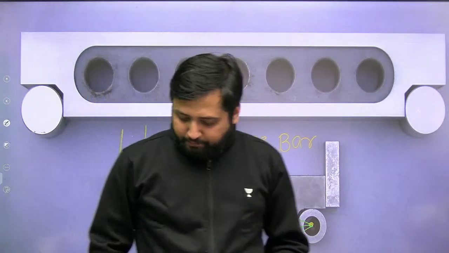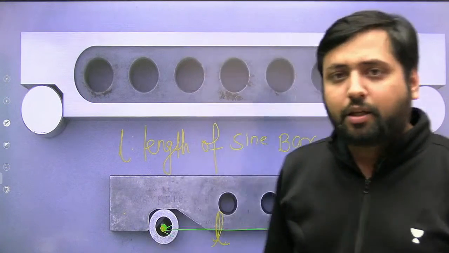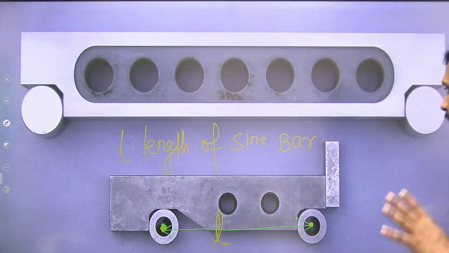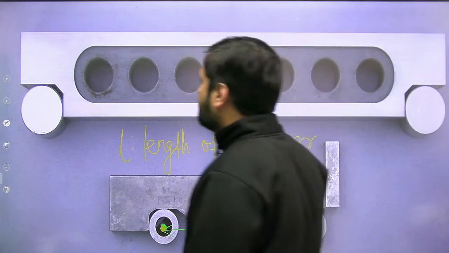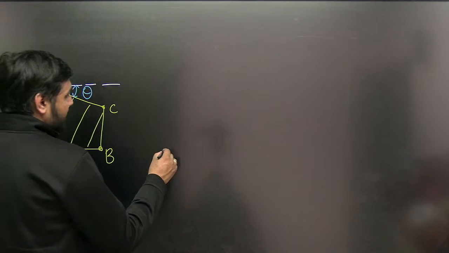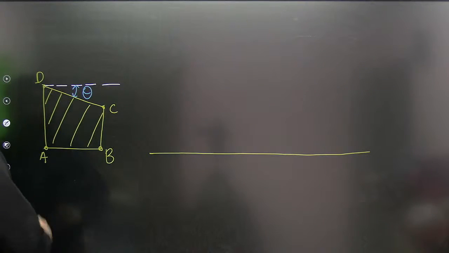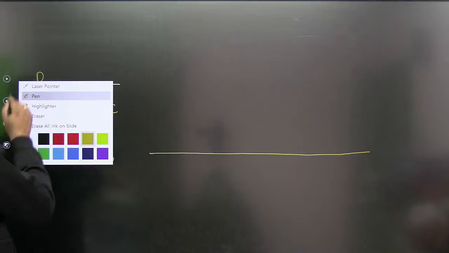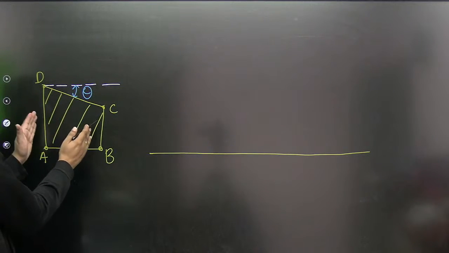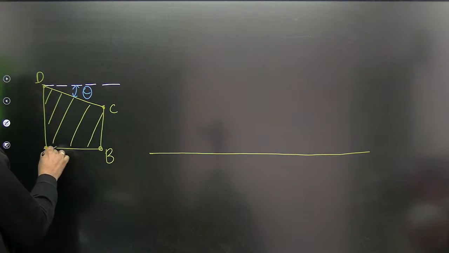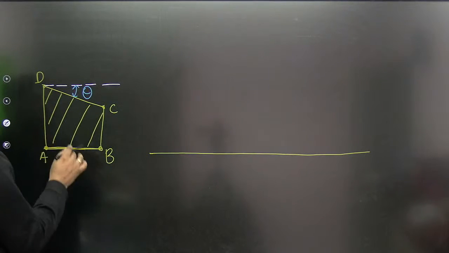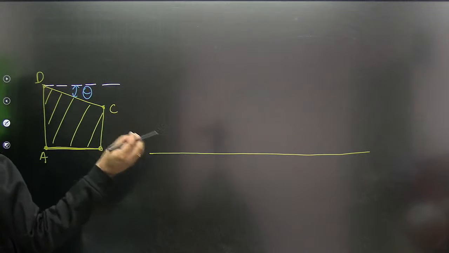So what I said is that L is your length of the sine bar. Now try understanding how we use this sine bar for the measurement of angles. You will have a plane and flat bottom surface, and then we are going to place this wedge shaped block onto the sine bar, and we will also have certain slip gauges.